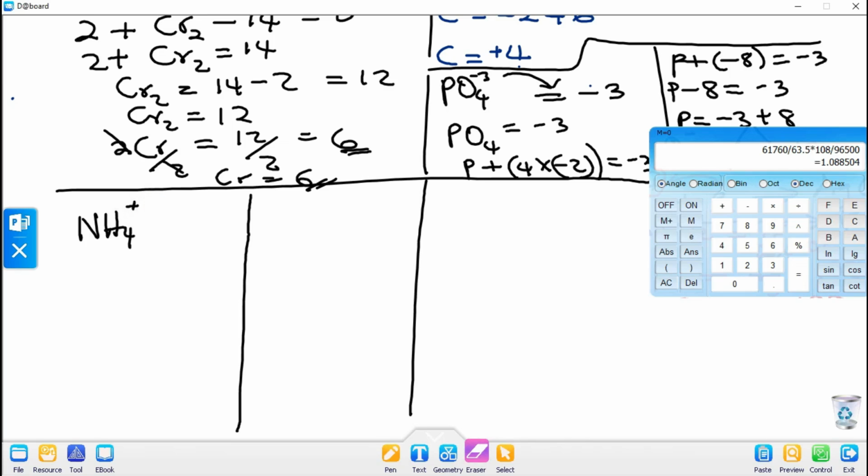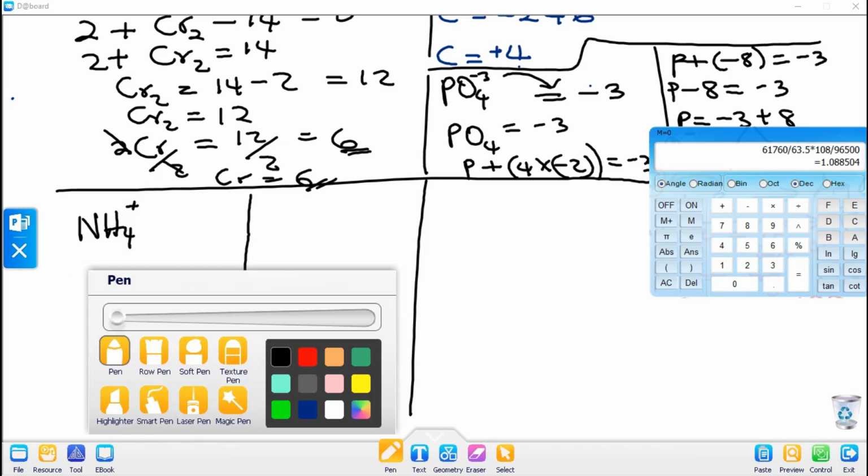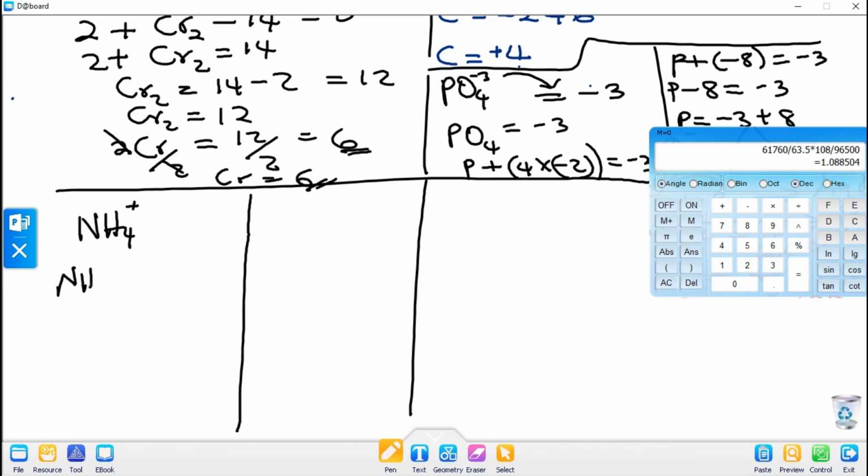It's needless putting 1. Plus is enough. We know it's 1. Since we are looking for nitrogen, this will become N plus H4 equals plus 1.